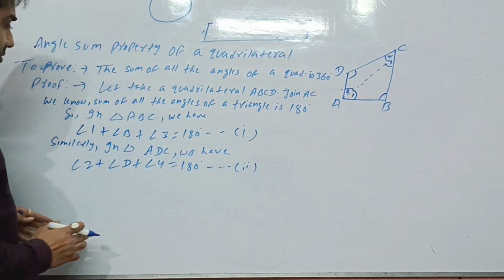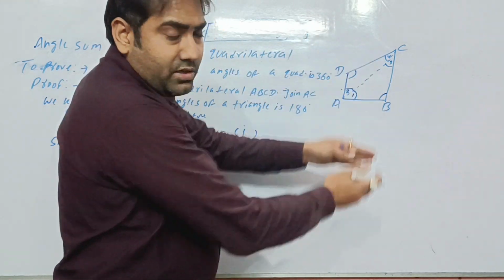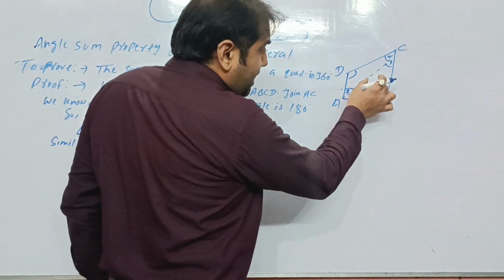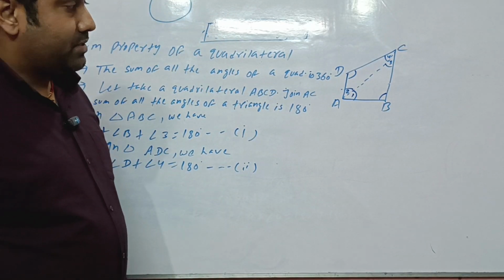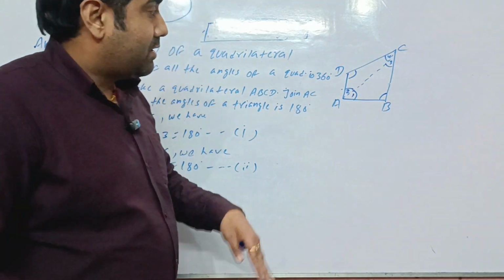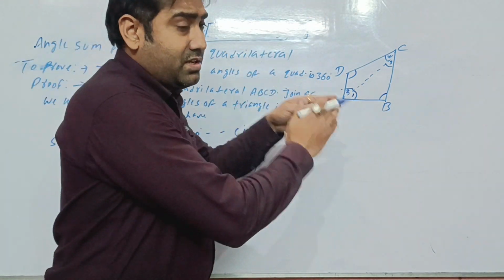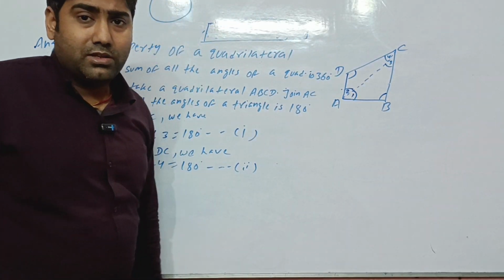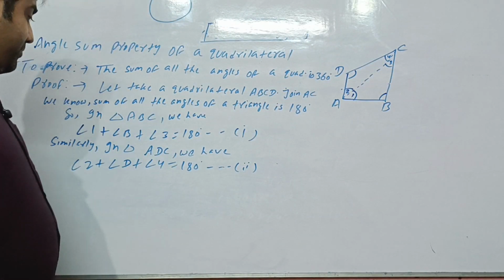Now what will we do? We just add these two triangles. Why do we add? Because once we add these two triangles, we get a complete quadrilateral. To get complete information about the angles of this quadrilateral, we have to join these two triangles. That's why it turns into a complete quadrilateral.